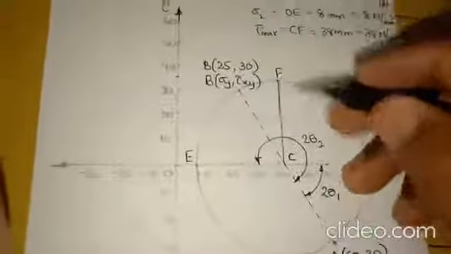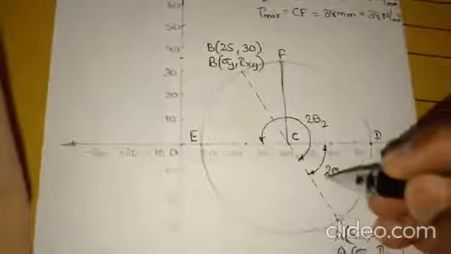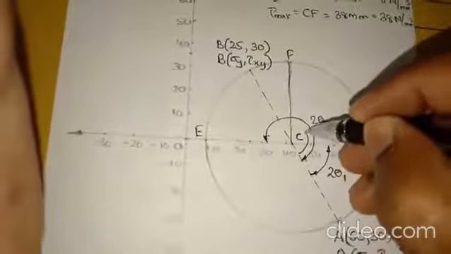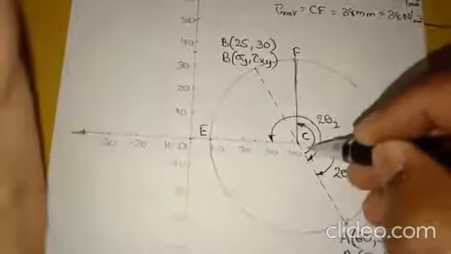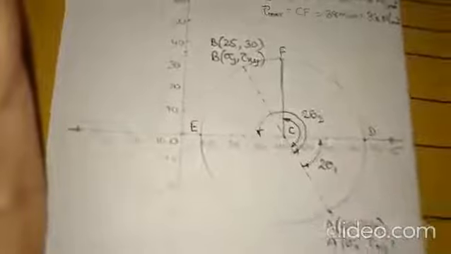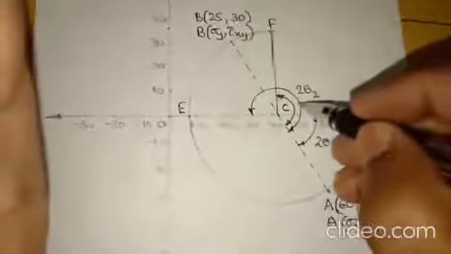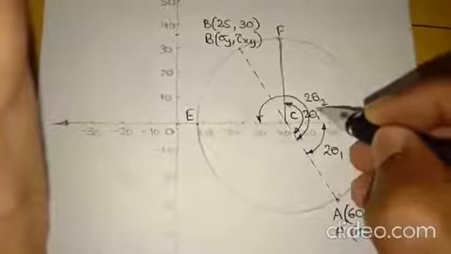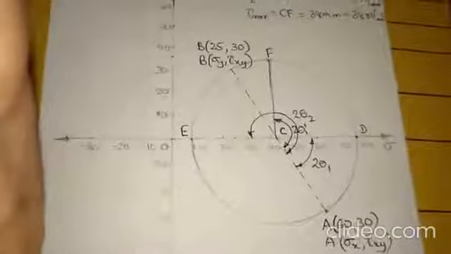Similarly, tau max we have got. What is the angle of tau max? Again, the angle is measured from here. This is the angle of tau max, 2 theta 1 dash, like that.